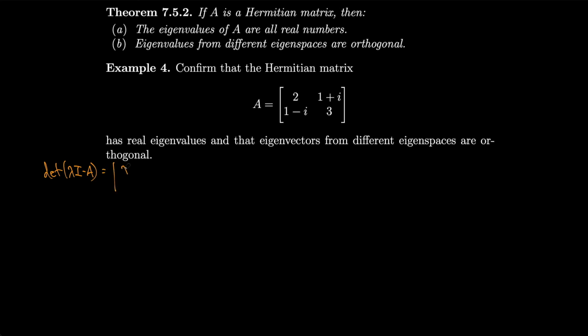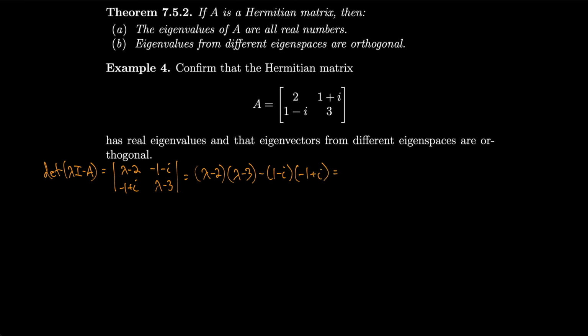So that's the determinant of the matrix with entries lambda minus 2, minus 1 minus i, minus 1 plus i, lambda minus 3, which is lambda minus 2 times lambda minus 3, minus (1 minus i)(1 plus i).